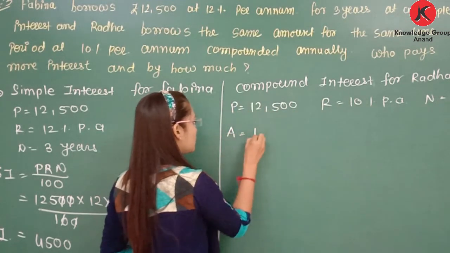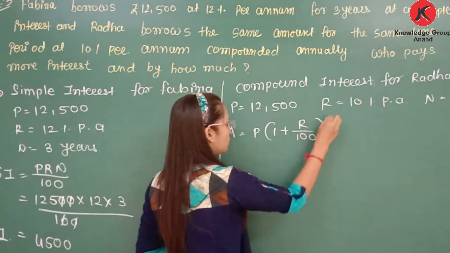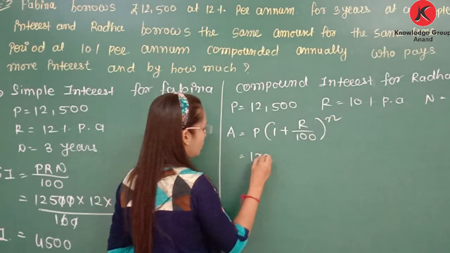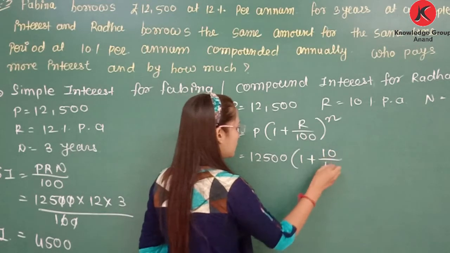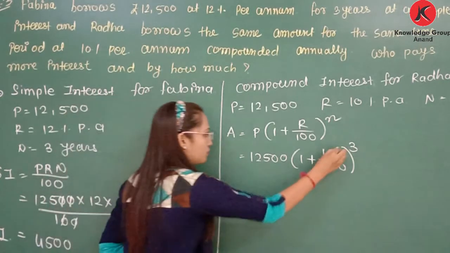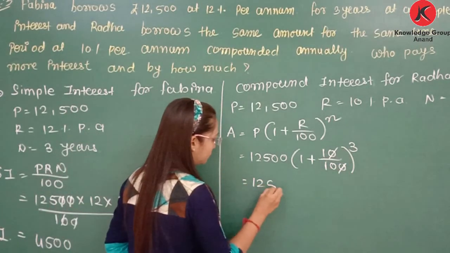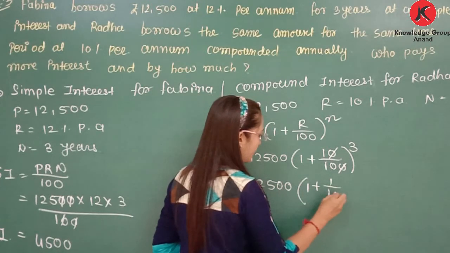So amount is equal to P times 1 plus R divided by 100, raised to n. 12,500, rate of interest is 10 divided by 100, raised to 3. We can cancel out the 0. 1 plus 1 by 10, raised to 3.